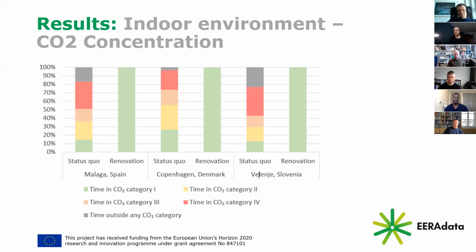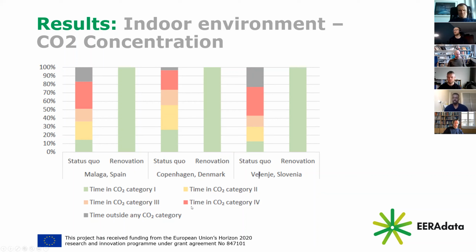The same goes for the indoor environment. By adding the mechanical ventilation system, we could reduce the times people are in bad CO2 categories when we look into CO2 concentration. Down here, we see the different CO2 categories, and the red one is a really bad CO2 concentration category.